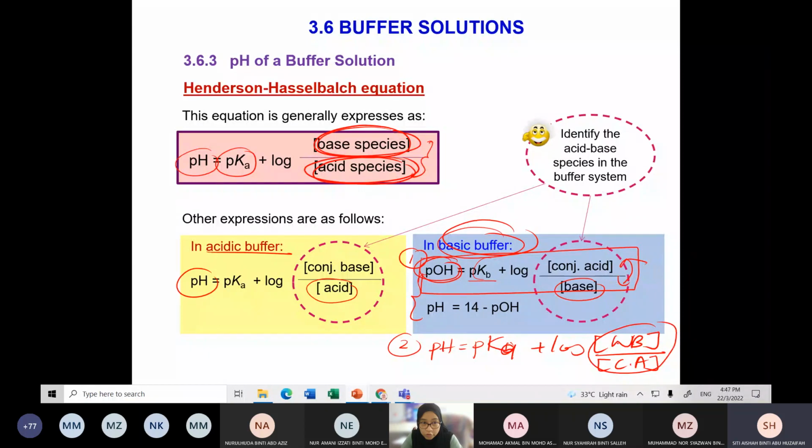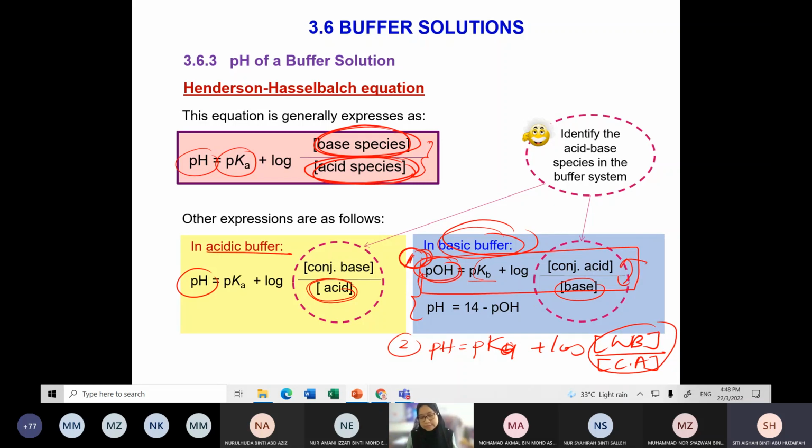So it's up to you which one you prefer the best. Personally, I would rather go for this first method, because I just memorise weak must be at the bottom, conjugate on top. Subtracting pOH from 14 is just subtracting, no problem. So I would go for option number 1, because I don't want to swap things around. Later I'd be confused about which one has to be swapped, top and bottom, and in the exam my mind goes blank.